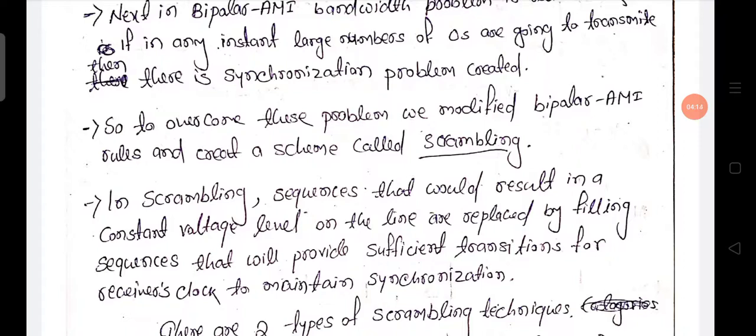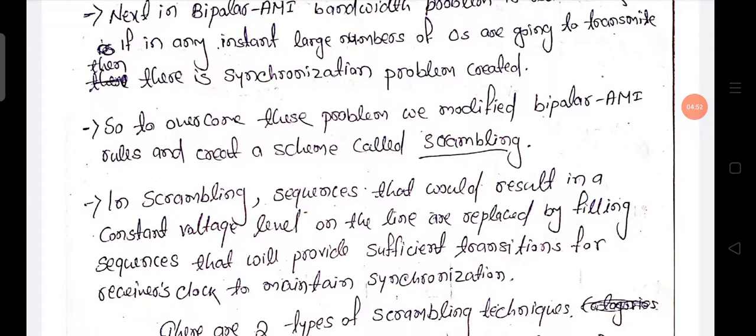That means the consecutive zero voltage levels are replaced by such a sequence, which helps recognize the clock pulse at the receiver end to maintain the synchronization.